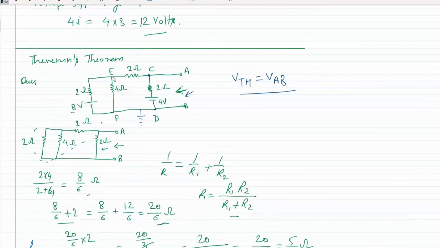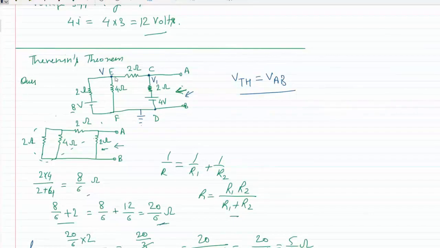So how to apply nodal analysis here? To apply nodal analysis, we have to take voltage V here. At this point, we don't have to put V1.